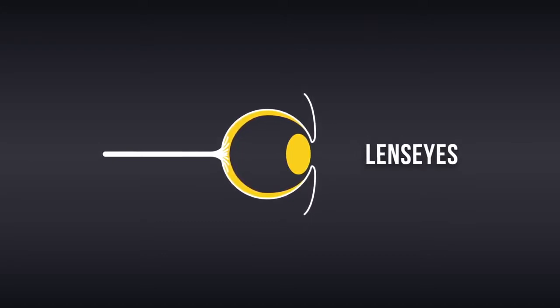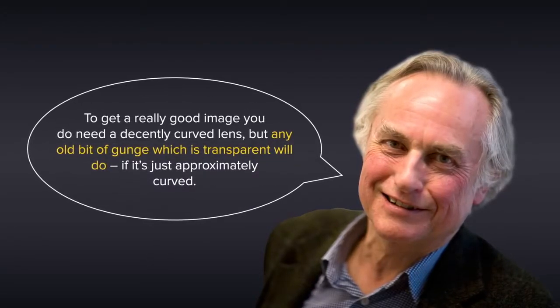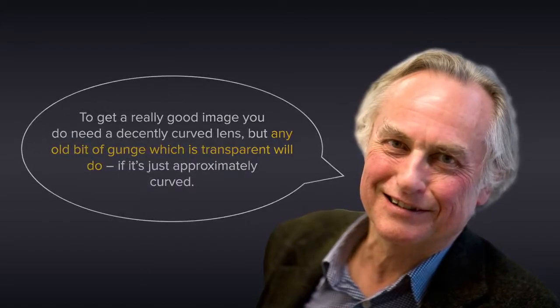This might sound like a big jump, but to quote Dawkins, to get a really good image you do need a decently curved lens, but any old bit of gunge which is transparent will do, if it's just approximately curved. Hence, not only do we know that biological systems such as the eye can evolve by natural selection, we actually have different stages of eye evolution in living organisms.